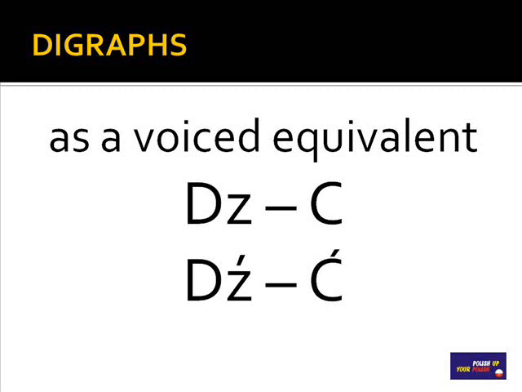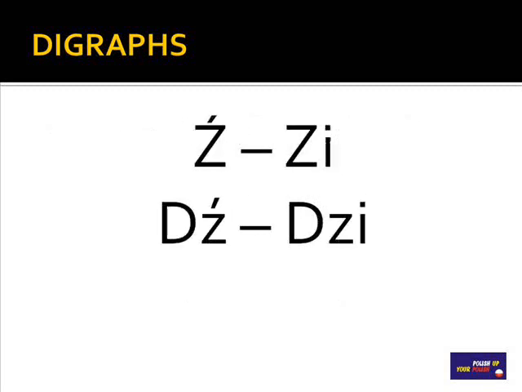And D and Z with a slash, it's J, D and J, D, J, like one sound, and Ch is the voiceless sound.